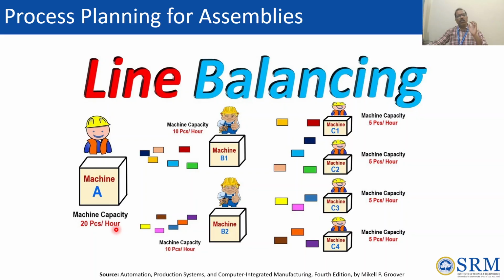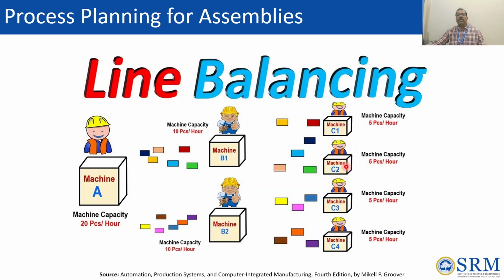Then we need to give only 20 to machine A. Now consider machines B1 and B2. Each machine can do 10, so we need to give equally. We can't overload. For example, if machine B can do 10, give 10 here, and giving nothing, zero components, to the other has no meaning. So if it can maximum handle 10, give 5 here, and here also 5.